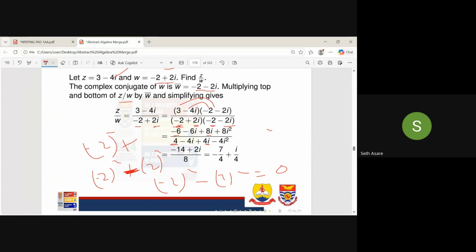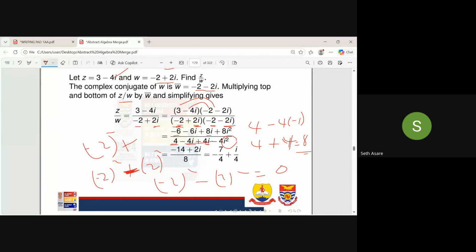Then this multiply this will give me minus 4i. And when this multiplies this one, I'll get minus 4i squared. But because i squared is minus 1, this one will go off. So what is left is 4, minus 4 multiplied by negative 1. This negative will make it 4 plus 4, which is equal to 8. That is what we need.